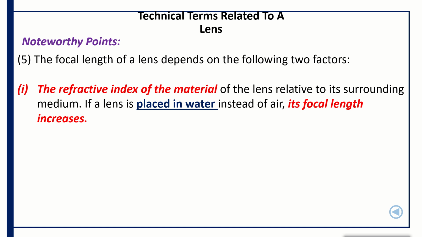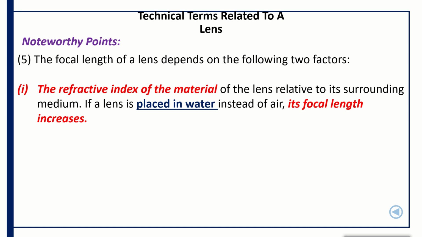When light travels from one optical medium to another optical medium, it bends. And if I draw a normal at that point, I get the angle of incidence between the incident ray and the normal at that point. And an angle gets created after refraction, and the angle between the refracted ray and the normal at that point gives me the angle of refraction.